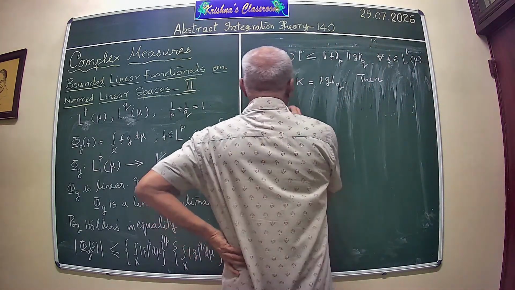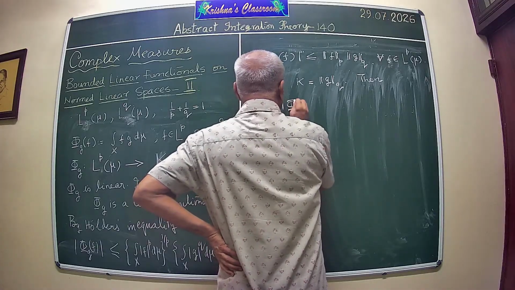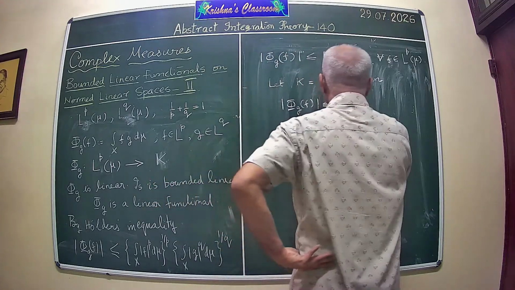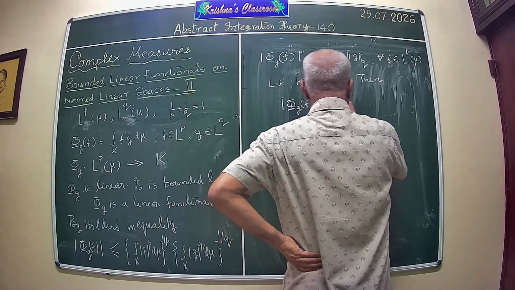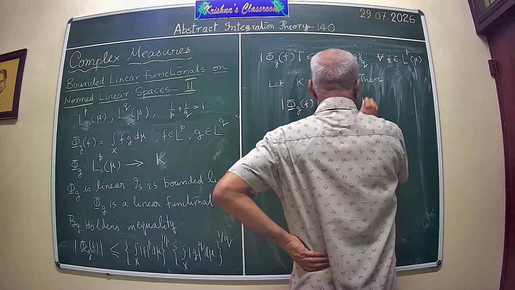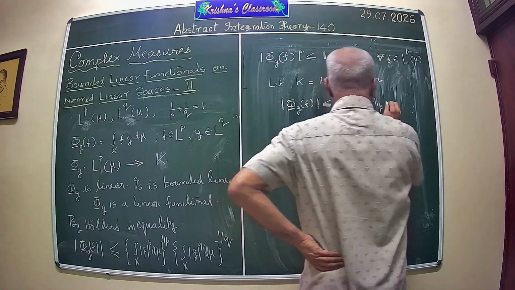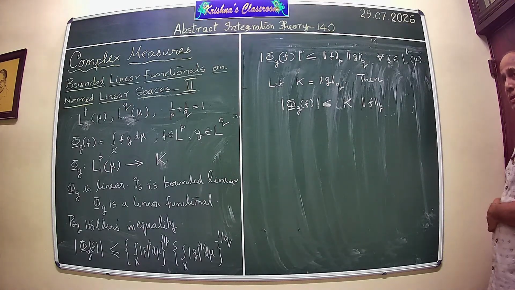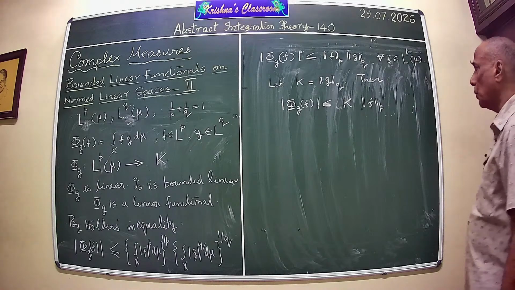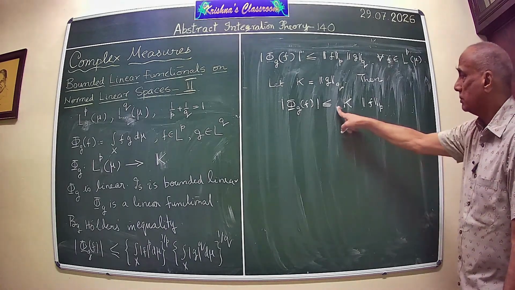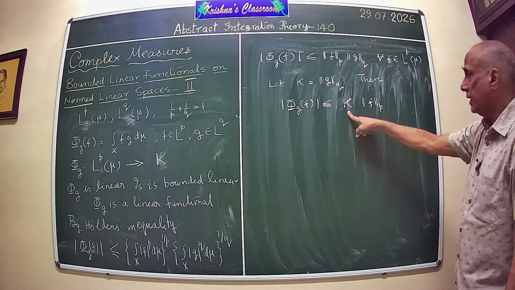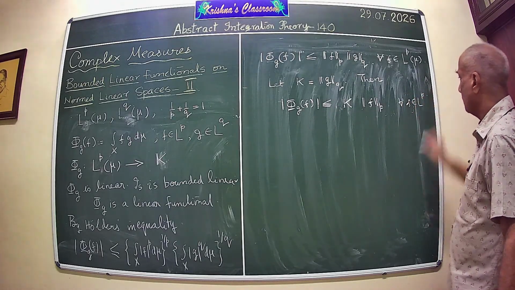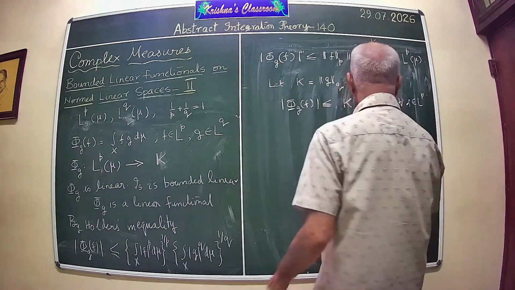So the inequality assures that if g is in LQ, then there is a K such that this inequality is true for every f belonging to LP.